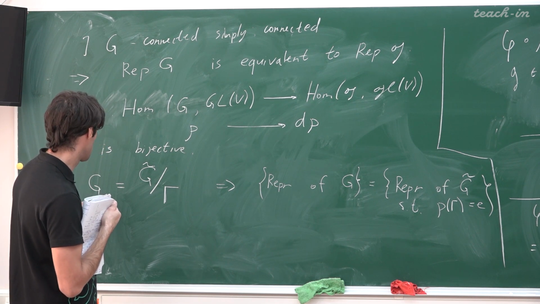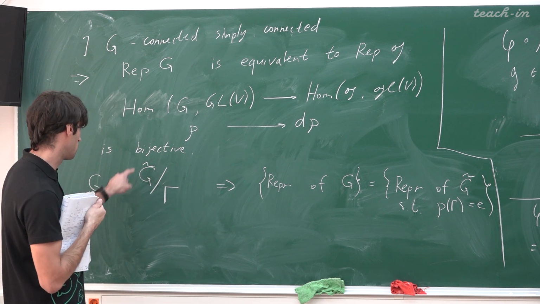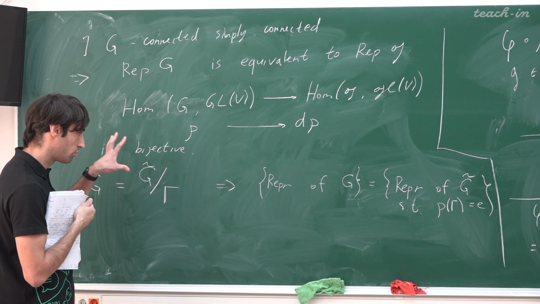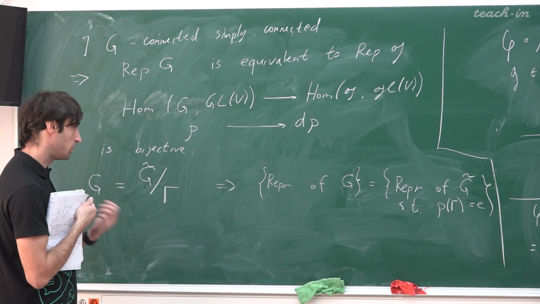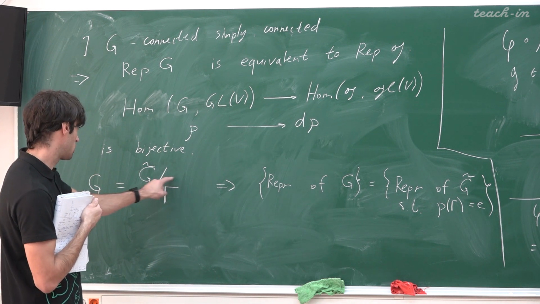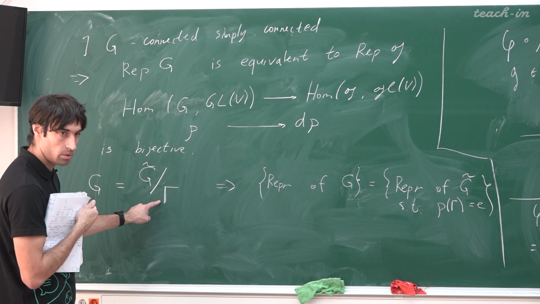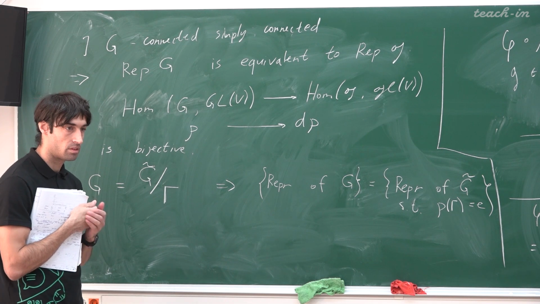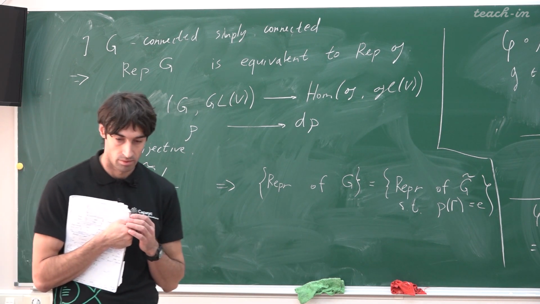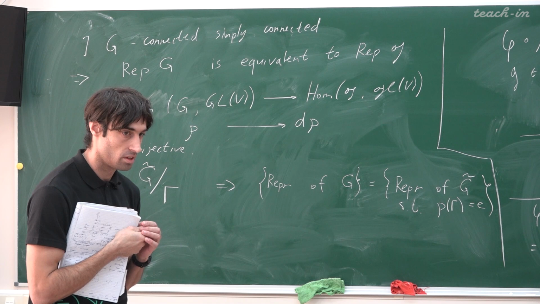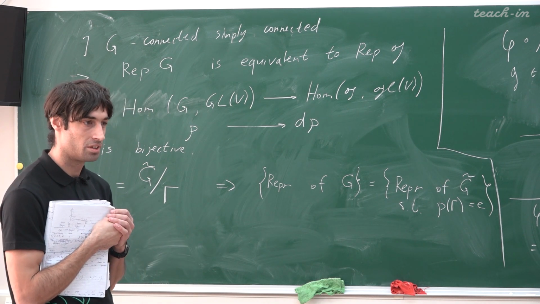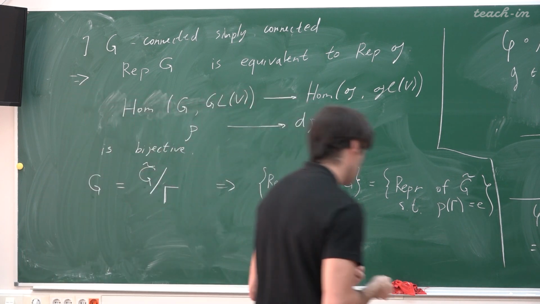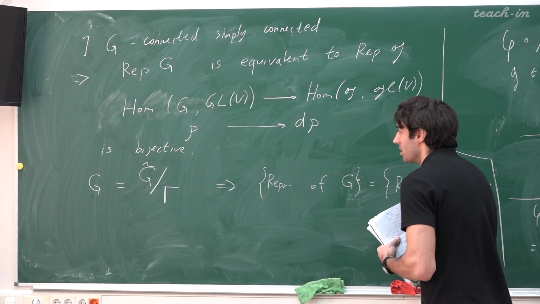Then that gives you all the information about representations of G tilde, and out of that you pick those that are trivial on gamma, and these will be exactly your representations of G. For example, a circle is a quotient of R and C. Yes, and we will see an example today in the seminar.